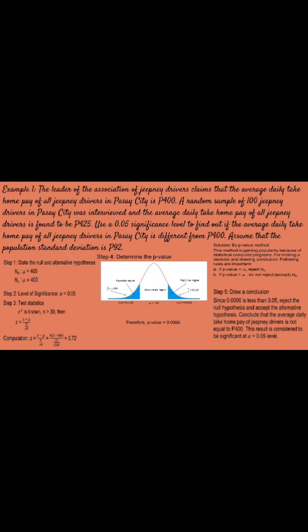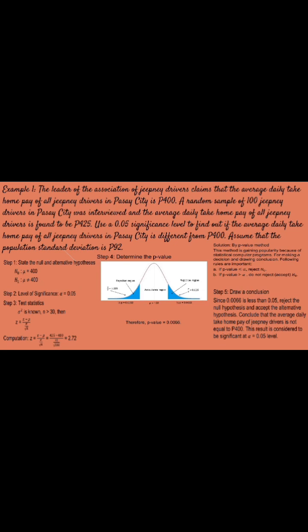And for step 3, we're going to compute the test statistic. Since the variance is known and the sample size is greater than or equal to 30, we use the z-test. Z is equal to sample mean minus population mean over standard deviation over square root of sample size. So let us identify the given.